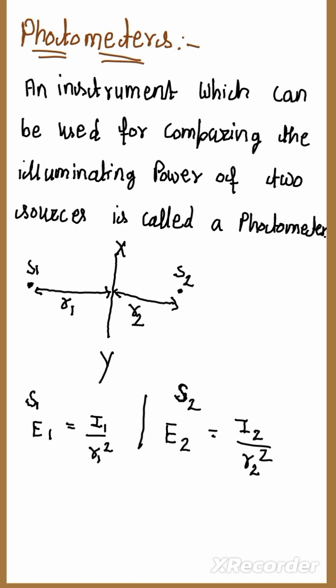If both sides X and Y appear to be equally bright and of the same nature, so we can write intensity E1 equal to E2.